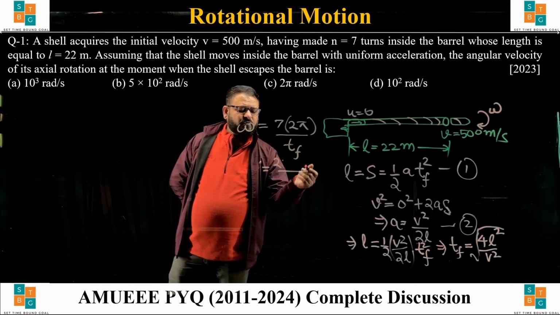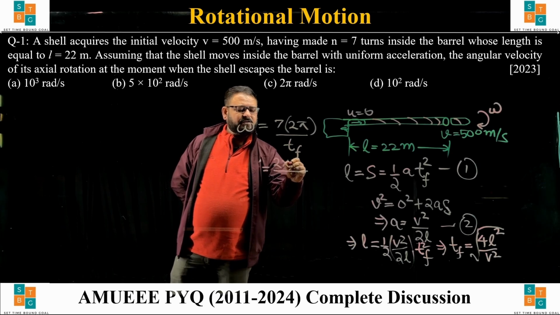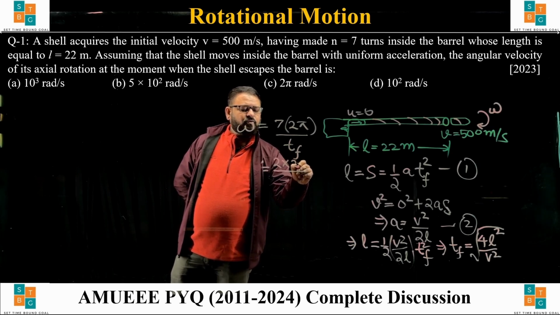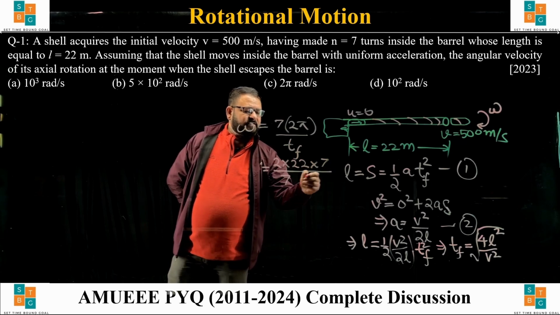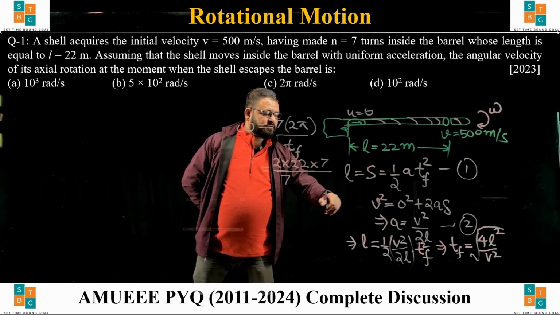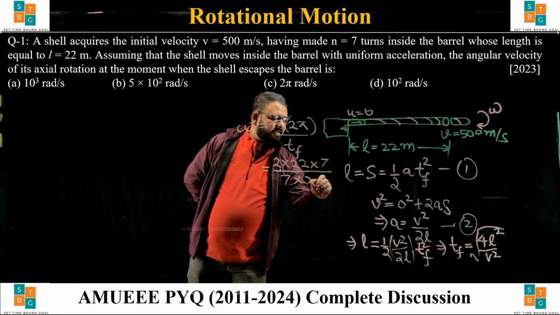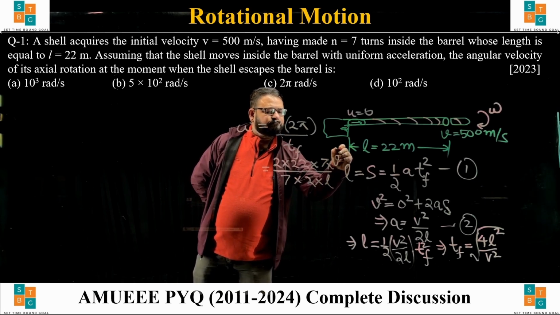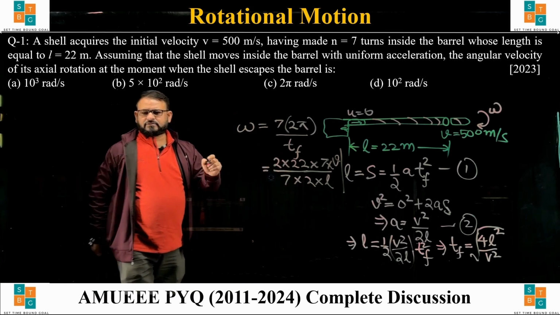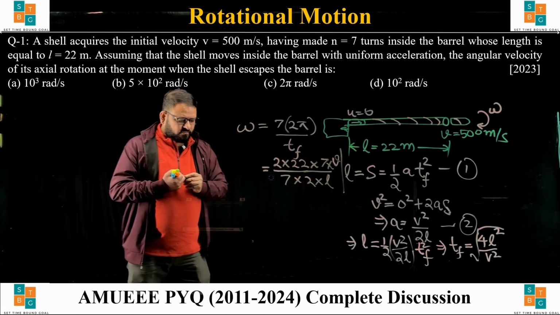Omega is 2, instead of pi I can write 22 by 7, and then 7, and time of flight is 2L into V. Okay, this is just separate, 2L into V. This is all clear to all of you.